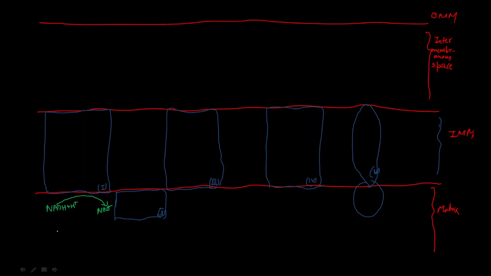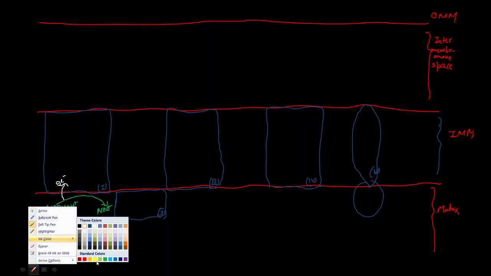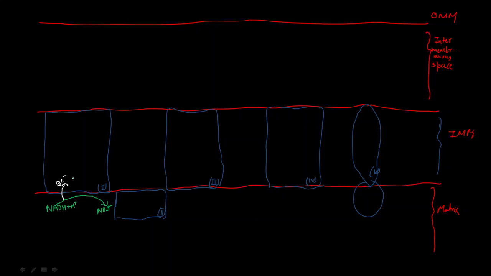So here what is happening? This NADH will release 2 electrons, and these electrons are going to be picked up by something known as FMN.